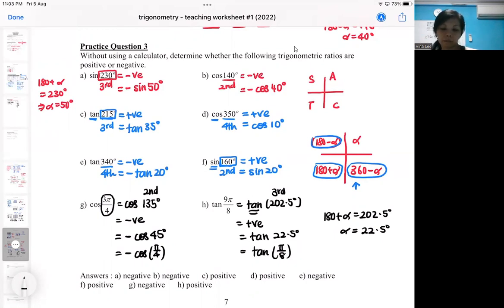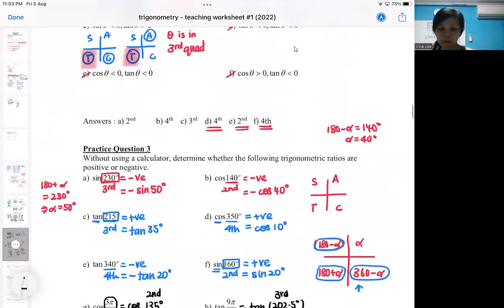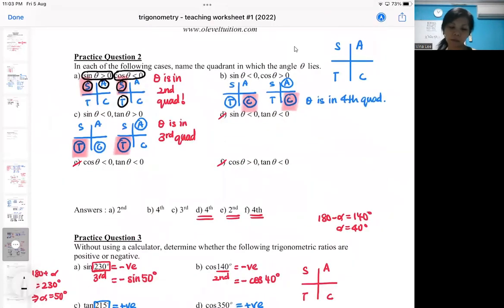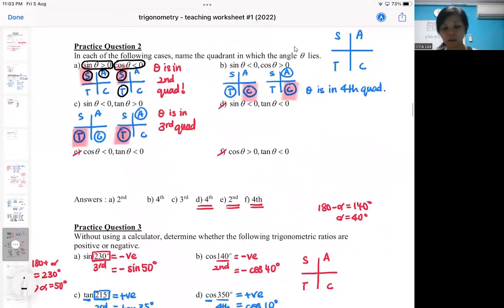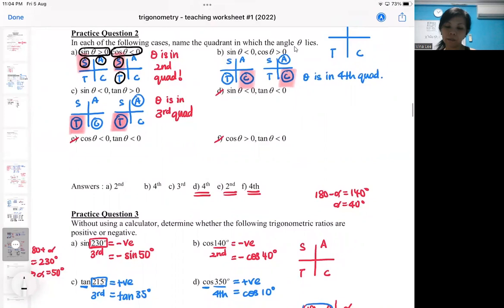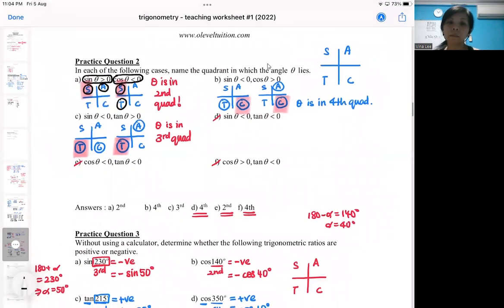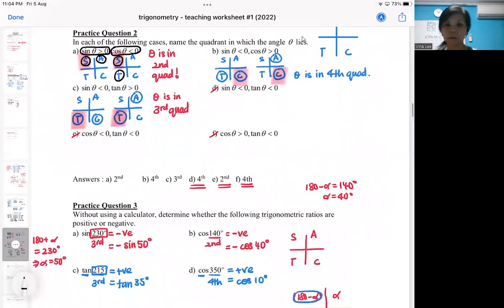Your ASTC has to be very fast. If you find you're very slow, then keep thinking ASTC. Maybe you need to draw out ASTC on the side. Okay, so that is the idea first. That is for practice question 2 and practice question 3.